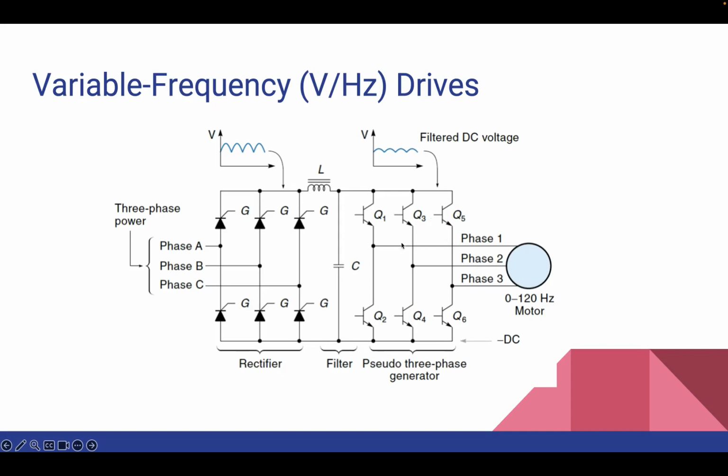So a control circuit sequences the turning of these transistors on and off, creating the sine waves, and this creates a versatile circuit that offers precise control over the DC voltage magnitude and the frequency of the three-phase AC power. So as you can see, here is the AC voltage, and the filtered DC voltage is obtained and sent to the motor.